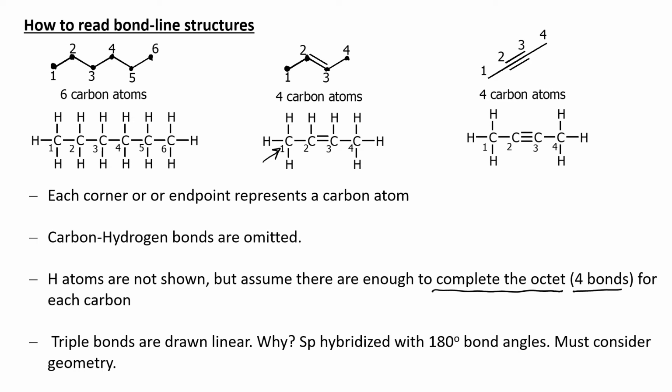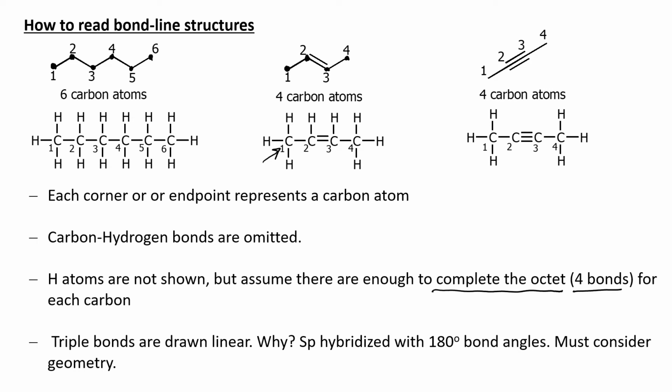The third carbon has 1 hydrogen. And the fourth carbon has 3 hydrogens. So if you've noticed, all of the endpoints have CH3 groups. If you have a corner without any double bonds, then it's a CH2. A corner that has a double bond is a CH.